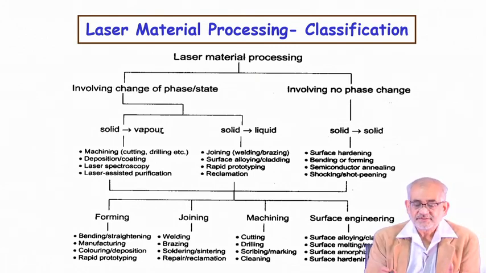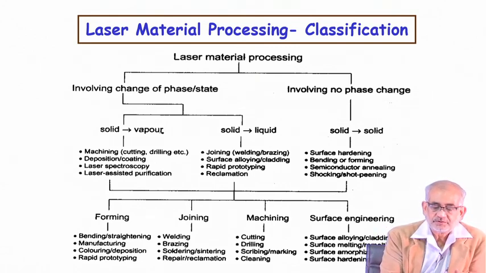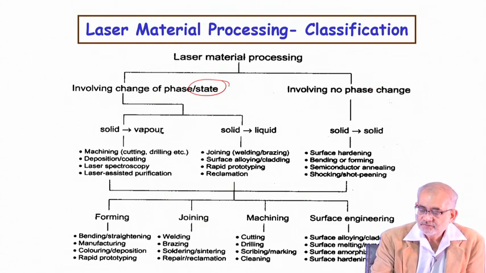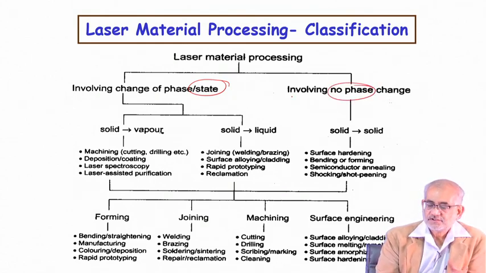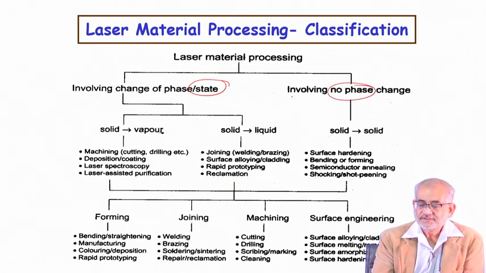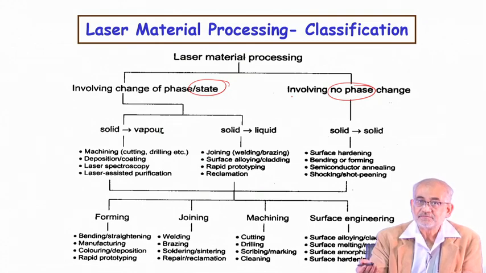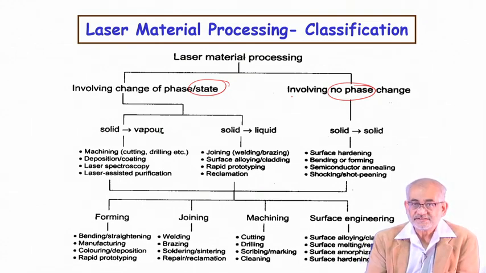In terms of laser material processing, we are talking about possibilities which may involve change of physical state, or no change of physical state. No change of physical state means we have a solid, we simply heat it to a higher temperature and then allow it to cool by itself.